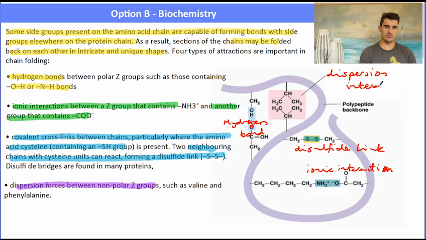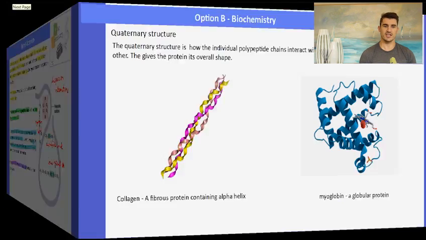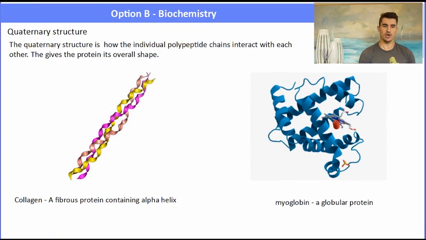The quaternary structure is how the individual polypeptide chains interact with each other, and this gives the protein its overall shape. So collagen is a fibrous protein because the fibers are long and in a chain. Myoglobin is said to be a globular protein because it folds back on itself. You can see here some of the alpha helixes, and there's a few sections of beta pleated sheets in there.